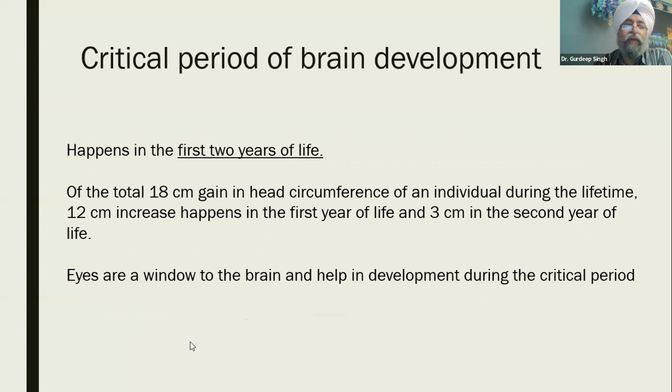If you look at the brain, it grows by 18 centimeters in head circumference during the lifetime, and 12 centimeters of that increase happens in the first year of life, and 3 centimeters in the second year. This is the reason why the first 2 years of life are so important, and eyes are the window to the brain, and they help in development during the critical period.